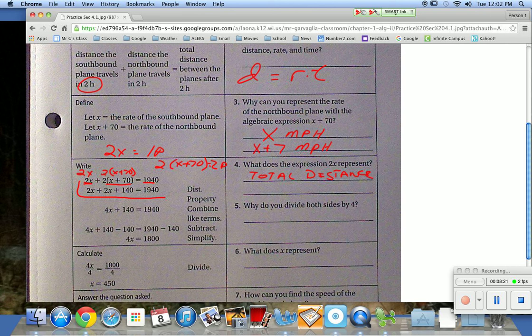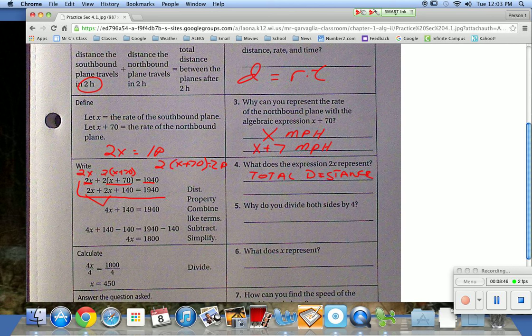But then we got rid of the parentheses, carried the 2 through. 2x plus 2x plus 140 equals 1940. And then we added these two x's together to get 4x. Why would we divide that by 4 then? So we would be left with just an x.